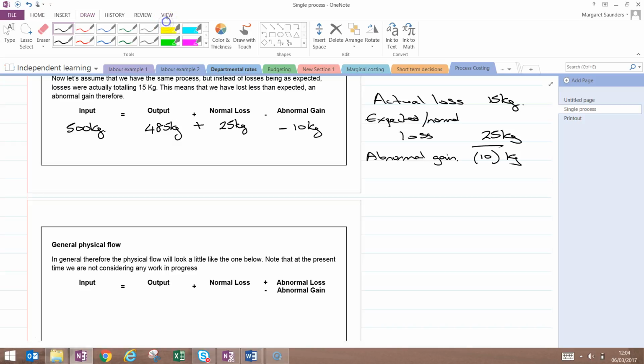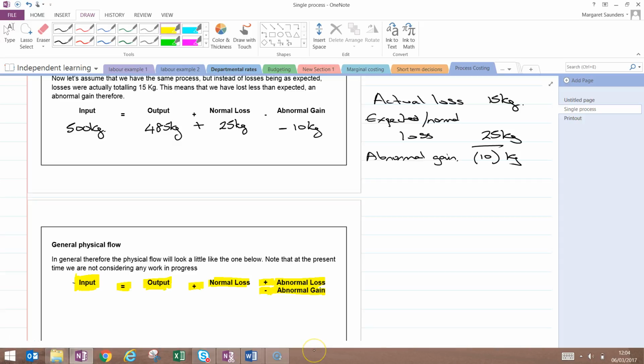So we have input is equal to the output plus the normal loss plus the abnormal loss or minus an abnormal gain.